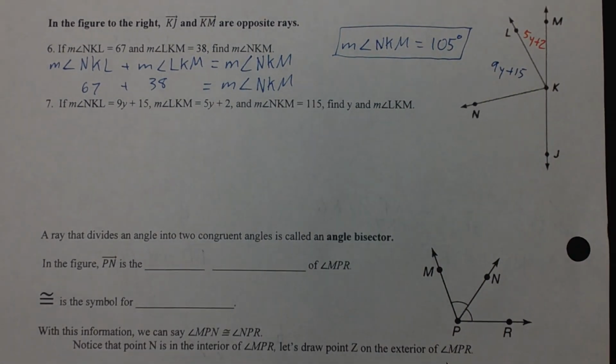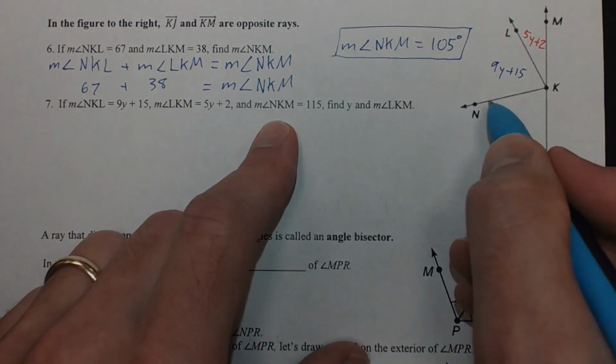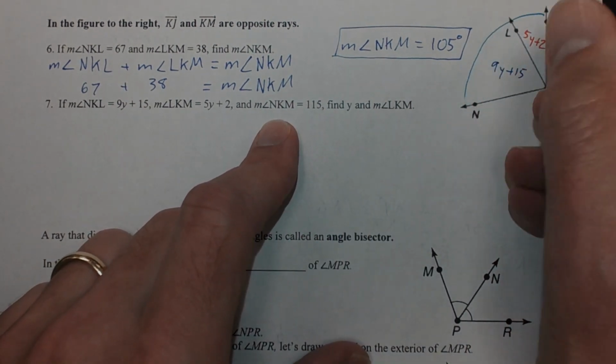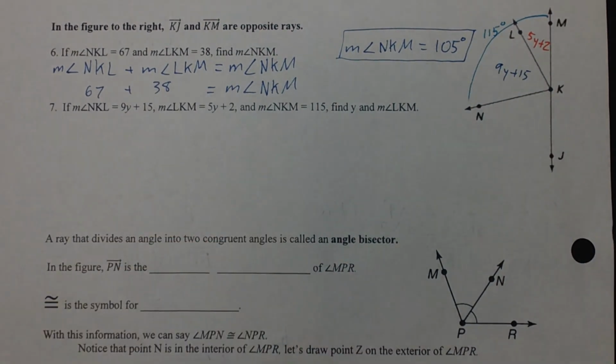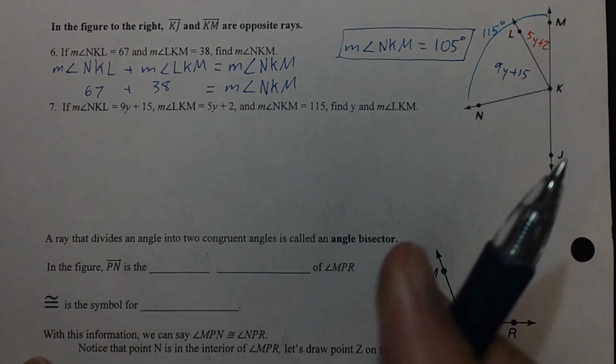And I know the whole thing together, the sum of those two together, is angle NKM, which covers 115 degrees. We need to find both y and then find the measure of angle LKM.